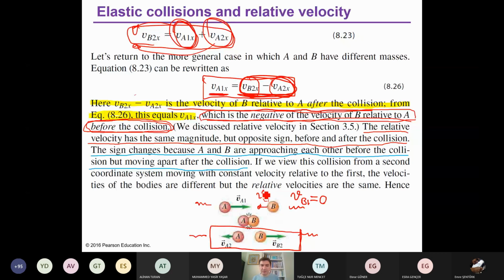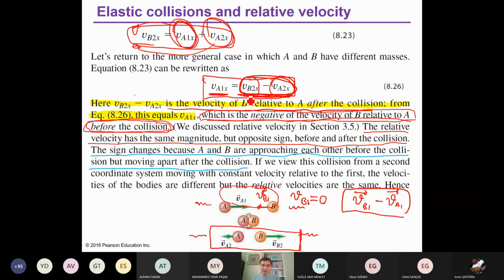Then what about the relative velocity of B here? This is the velocity of B relative to A before the collision, and this is the velocity of B relative to A after the collision.